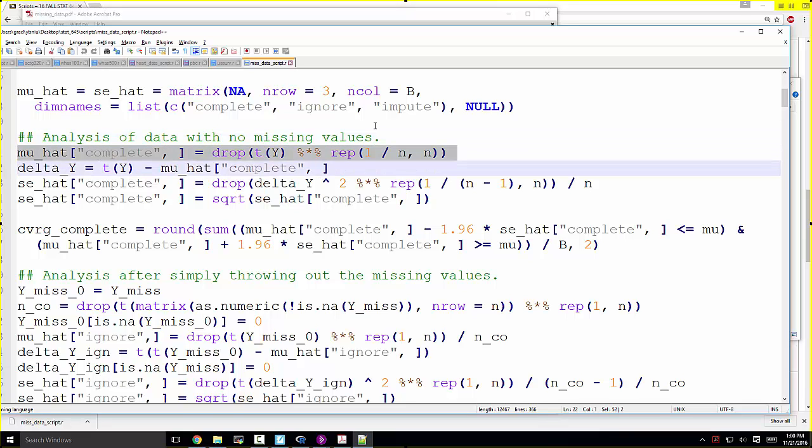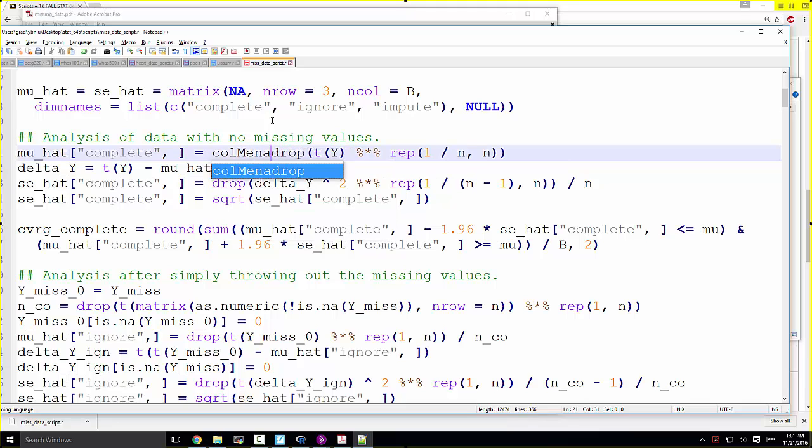Mu hat, that's just a sample mean. I could compute this with simpler syntax. Why don't we do call means? It's the same thing as this code here.